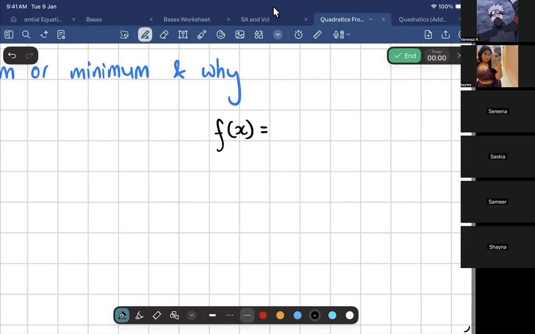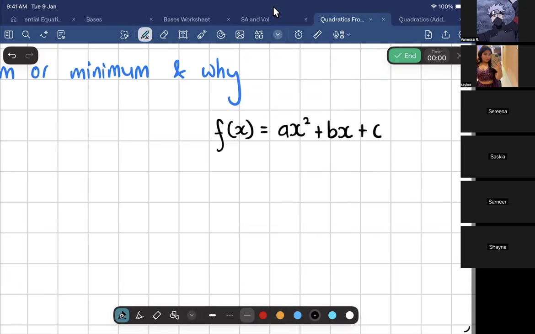So that's like what f(x) would be equal to. Tell me the general form of a quadratic. I'll start you off. Ax squared plus bx plus c.